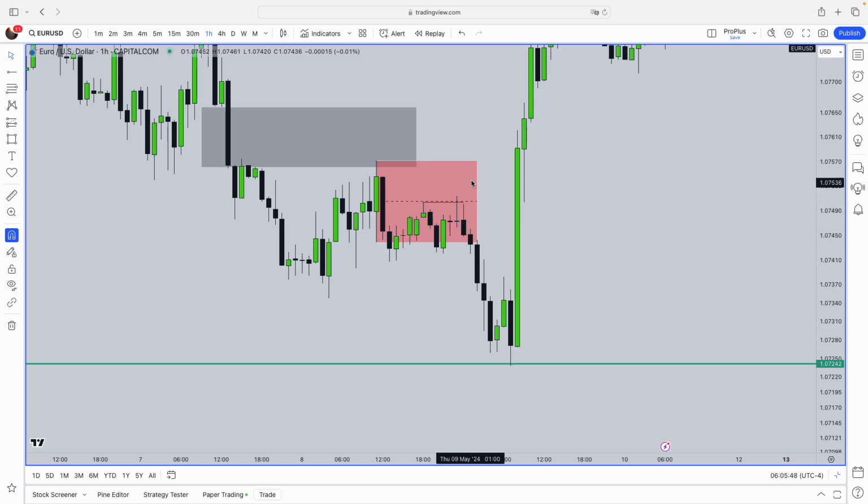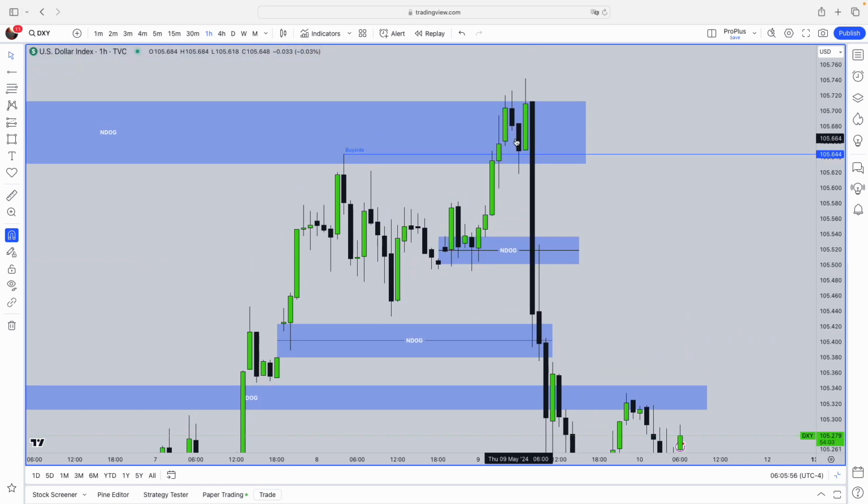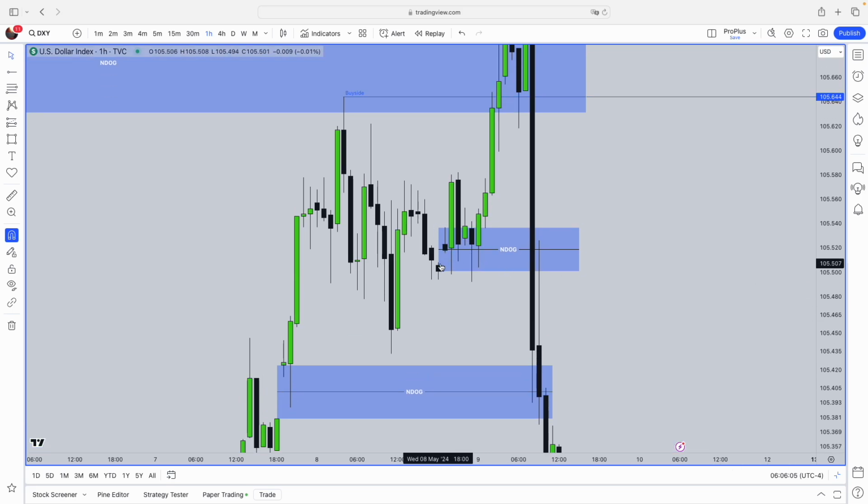Let's take a look at the dollar quickly. This chart's a little bit messy, but it's got the daily opening gaps on it, which is key. Price is here at the minute. This is the daily opening gap of Thursday. Look where price is not closing below here.